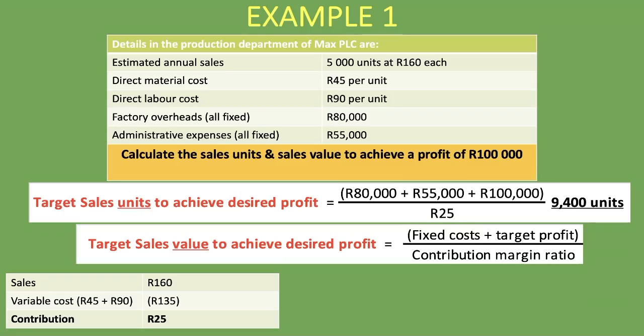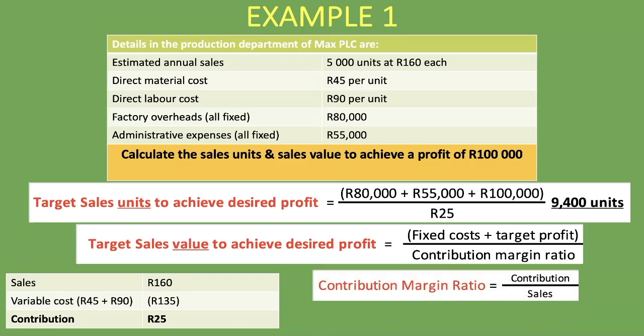Now let's calculate the sales value to achieve the desired profit of 100,000 Rand. We already have the numerator, which is the fixed costs plus the target profit, but we need to calculate the contribution margin ratio. How do we calculate it? Well, it's quite easy. It's the contribution divided by the sales. So we already have the contribution per unit of 25 Rand and the sales price per unit of 160 Rand.